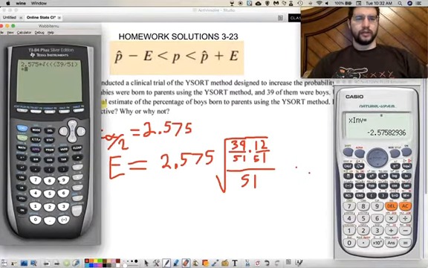Times 12 over 51, again including our fraction in parentheses. Close the numerator, so this is the entire numerator from here to here. Divided by 51, the denominator, open and close, then close the square root. And now we get equals 0.1529.